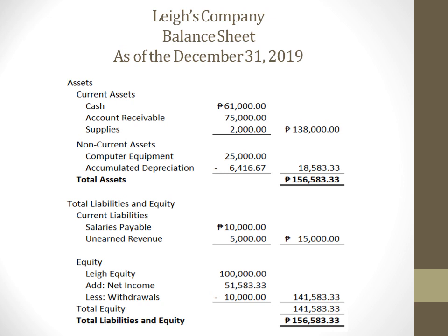Next, we have liabilities. If you go to our worksheet, there is no non-current liability. So we only have two liabilities, salaries payable and unearned revenue, which are 10,000 and 5,000, for a total of 15,000. For equity, we close all the equity accounts, which are the net income and the withdrawal. So overall, Lay's capital for the next period amounts to 141,583.34. The addition is from the net income and the withdrawal.